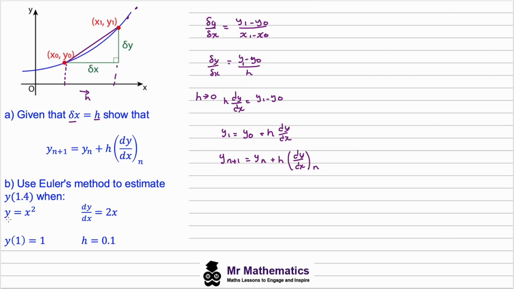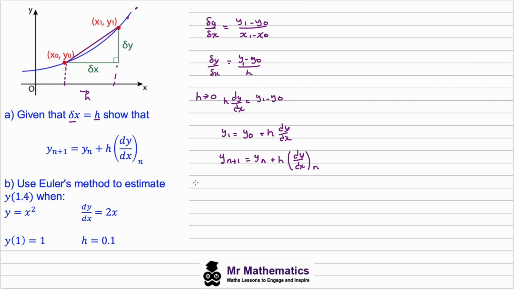If we're given that y equals x squared, then we know dy by dx will be equal to 2x. We just differentiate the x squared with respect to x. We've been given that when x equals 1, y equals 1, and that we're moving across in the x-axis 0.1 for every iteration.